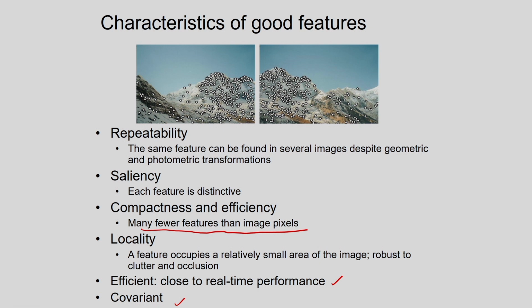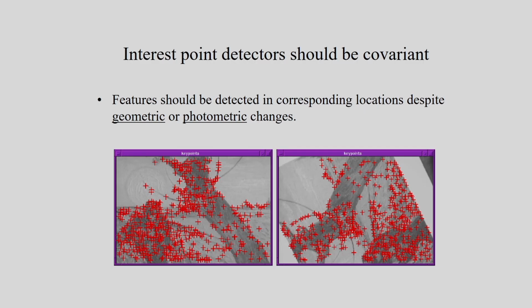What is covariance? The interest point detector should be covariant. That means the feature should be detected in corresponding locations despite geometric and photometric changes. In this example I am considering the interest points, the geometric transformation and also the photometric variations. Despite these variations, you can see I can detect the features in the corresponding locations.